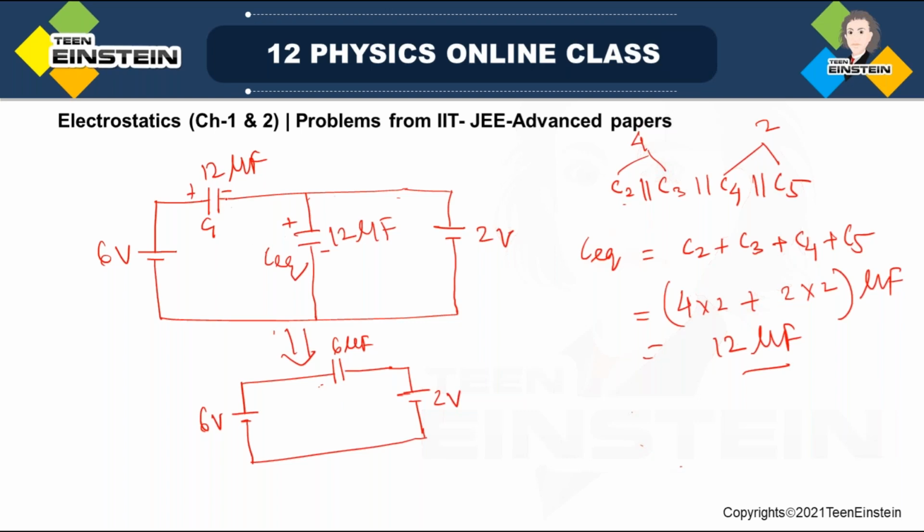Since these two are in series combination, if this guy is storing Q charge, this also will store the same charge. Then I can go back to the original figure and try to find out which one among these parallel capacitors is storing how much charge.